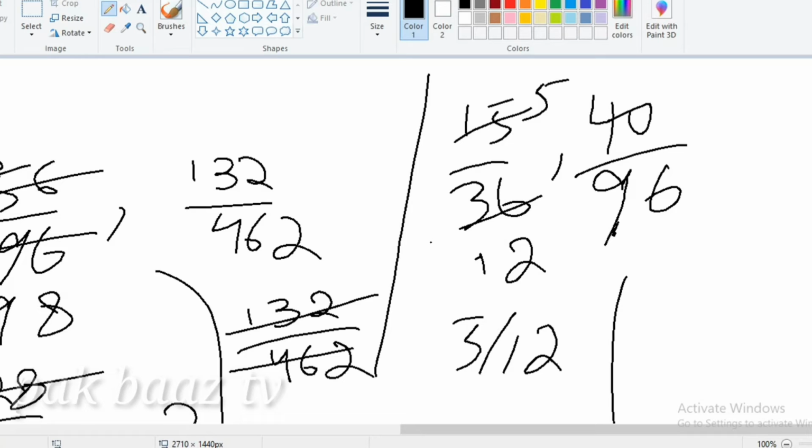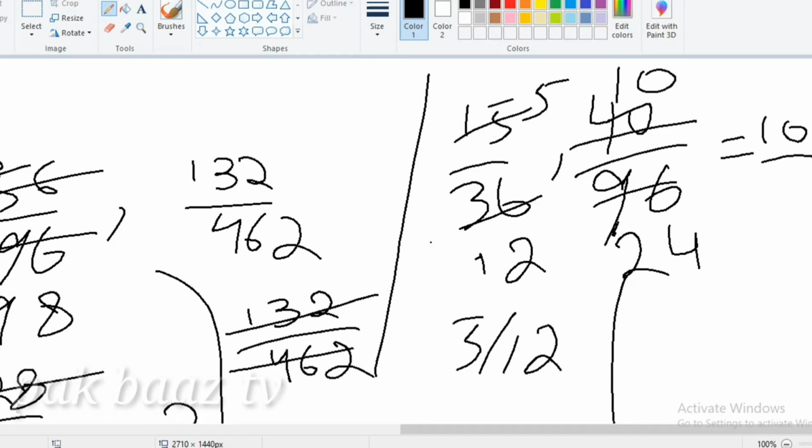Okay. Now in the second fraction, 40 by 96. Now we're going to solve it. On the table of 4, 4 tens are 40, 4 twos are 8, 4 fours are 16. Again you will get 10 and 24.